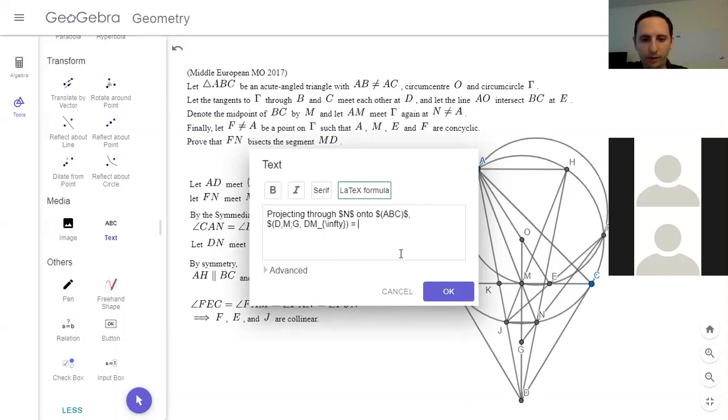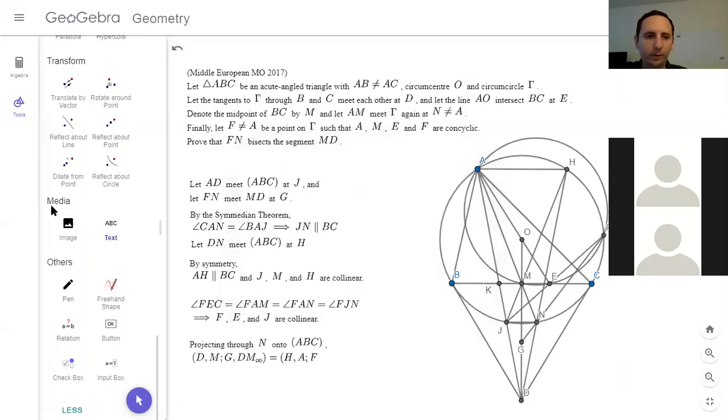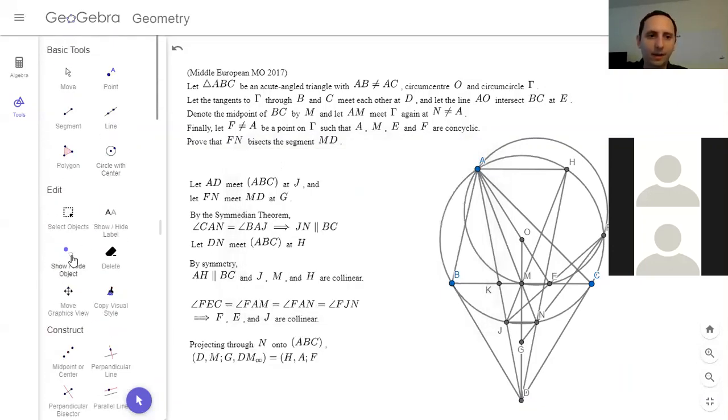That's equal to H, A, G goes to F. Oh, now here's where I need to create point I.